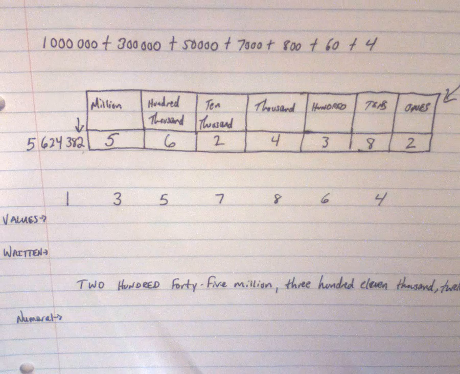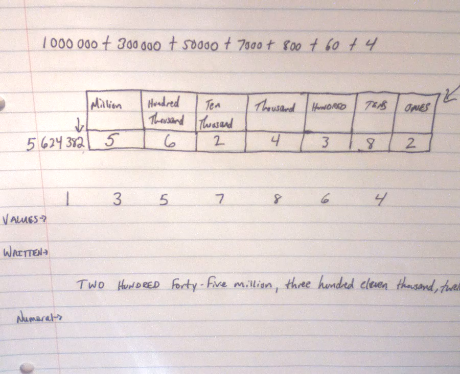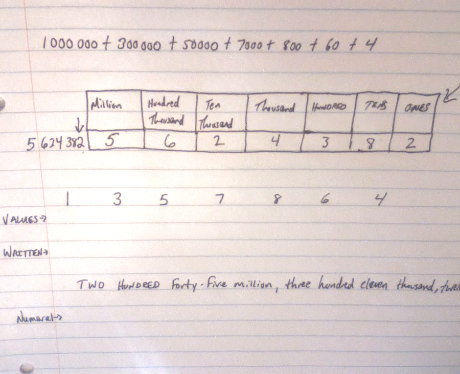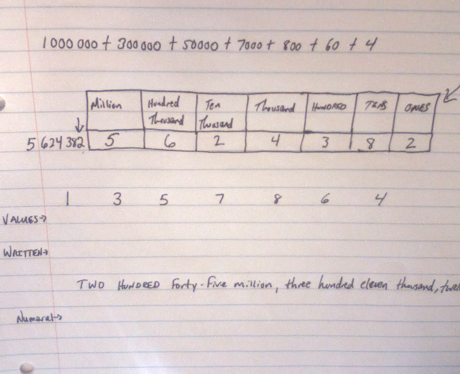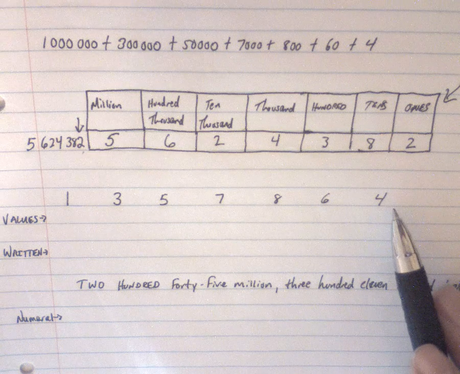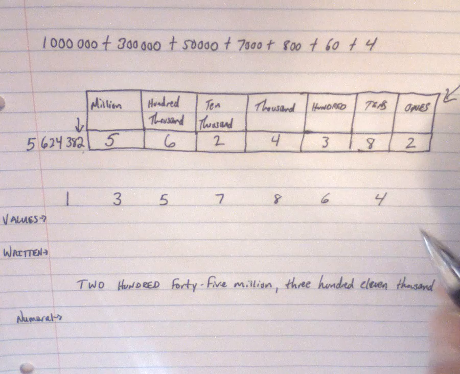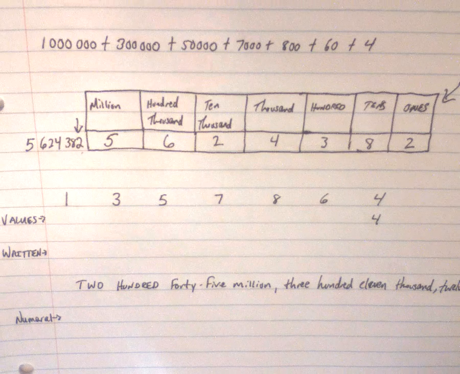Okay, so you see this number that we have before you, 1357864. Now what we want to do is we want to give what the value is. So what we're going to do is we're going to give a number value, and then we're going to write it. Okay, so when you look at 4, because it's in the 1 spot, correct, the value of 4 is simply 4.